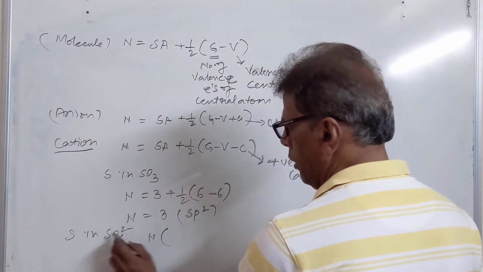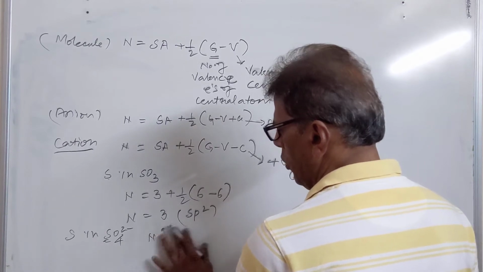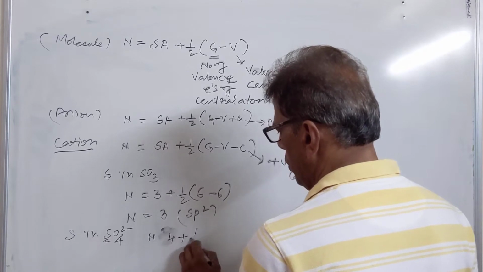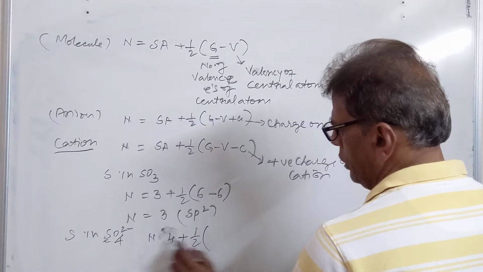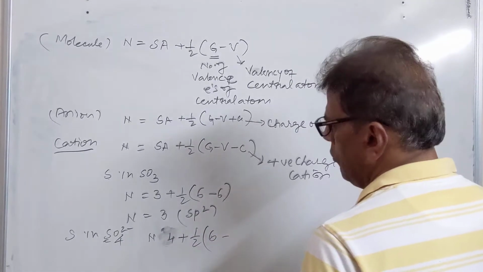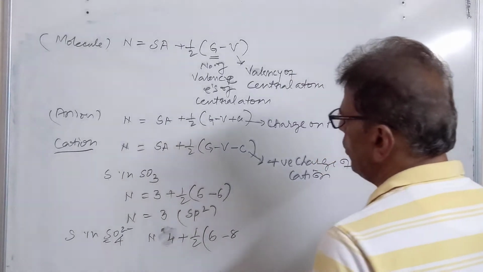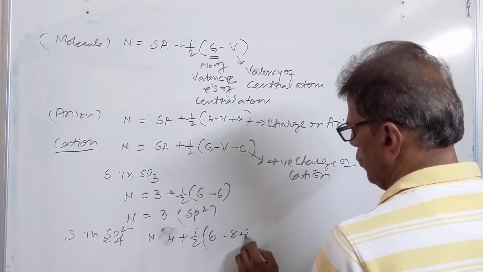The value of n can be calculated. First of all, the number of surrounding atoms, which is 4. Then we have G, the value of G, which is the number of valence electrons in sulfur. Then we have the valency of sulfur. It is 8 here, 4 oxygens joined by a double bond in this case, and the negative charge is 2.